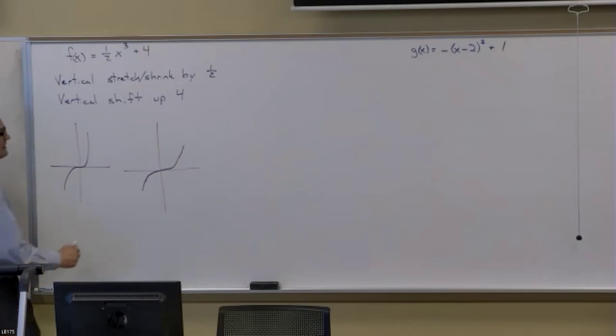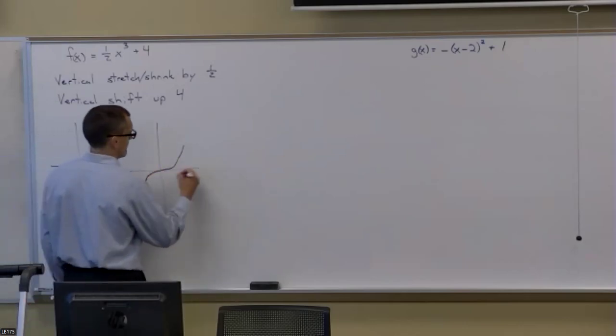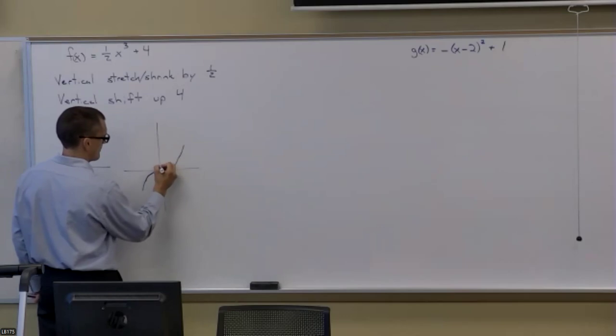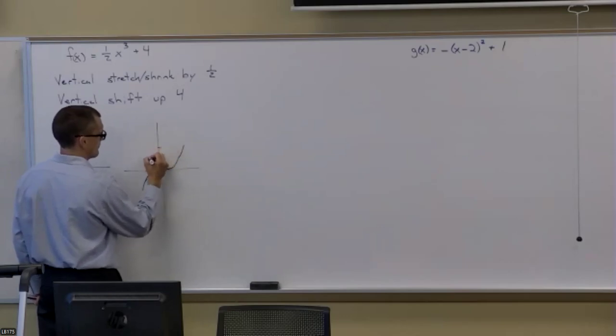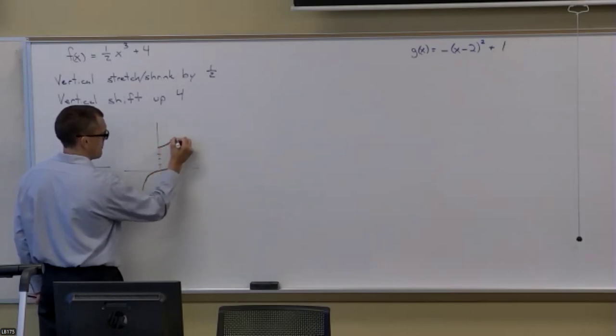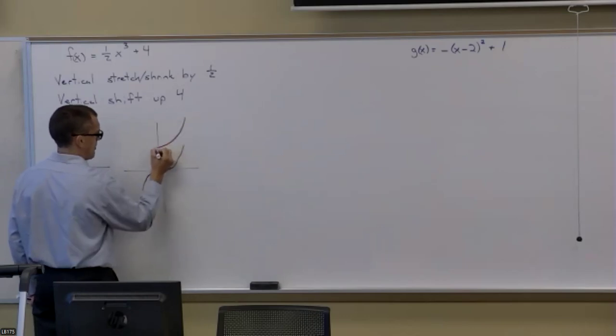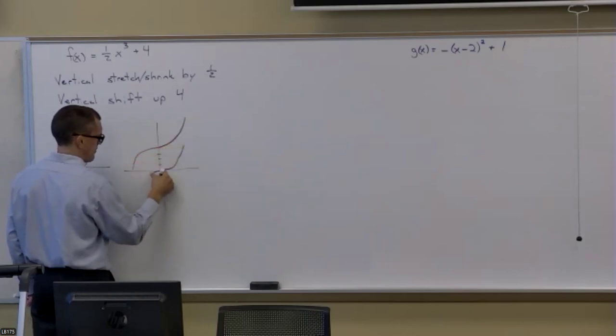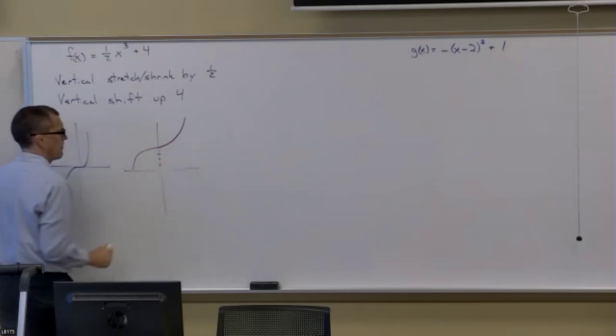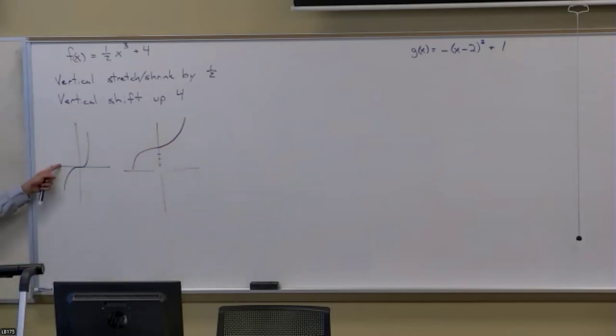And then I shift it up 4 units. So I go from there to there, and it's an easy graph. Does that make sense, if I had to do that by hand?